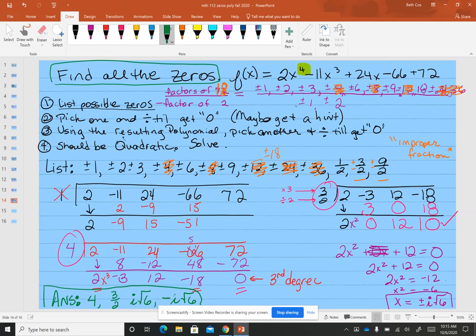And then using the resulting polynomial, that's what this is right here, the 2, the negative 3, pick another number and divide till you get 0. Again, I was nice enough to give us a hint. At that point, this should be a quadratic, and it was, and we were able to solve it.